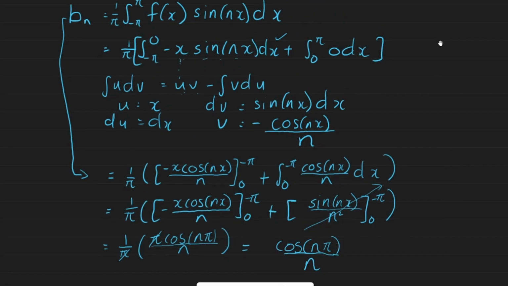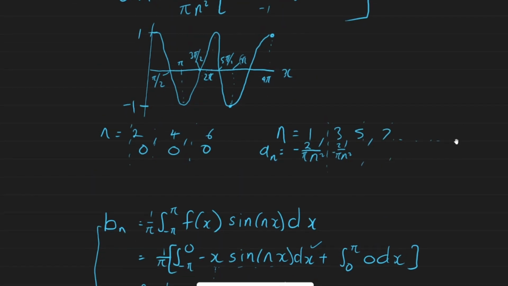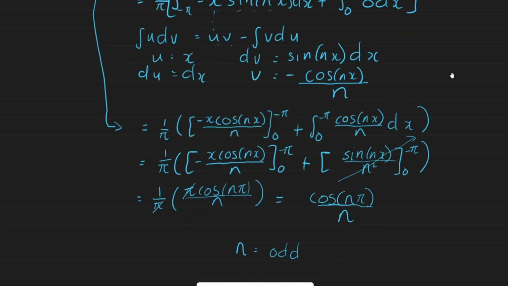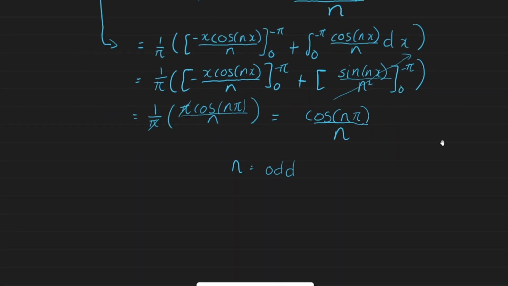And then if we look at our graph, so if we have odd numbers, there's 1, 3, etc., we're going to have minus 1. So for odd numbers, we're going to have minus 1. So if n is odd, then it means that Bn is equal to minus 1 over n.